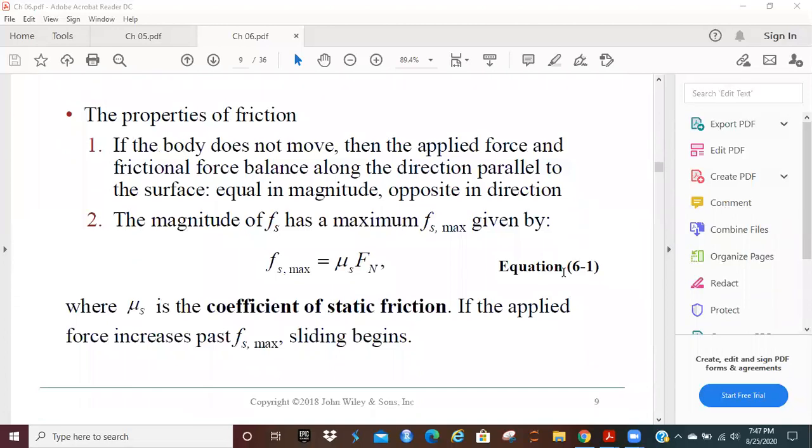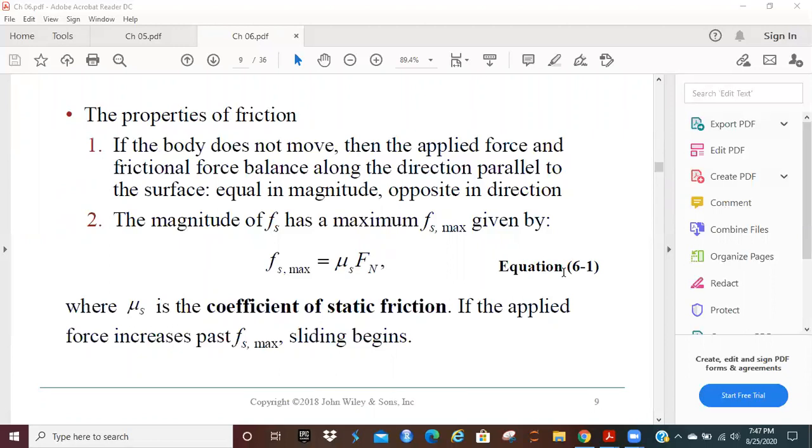Now, how do we calculate these frictional forces? For the static frictional force, it's got a maximum, and that maximum value is going to be some coefficient, some number, that's multiplied by the normal force. In other words, the force of the object as it's being pulled down on that particular surface by gravity.